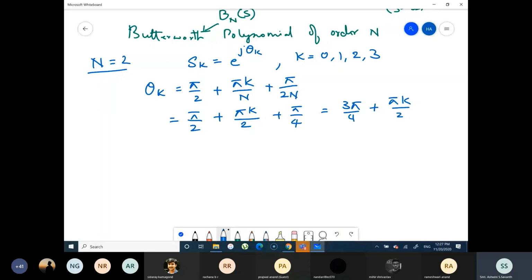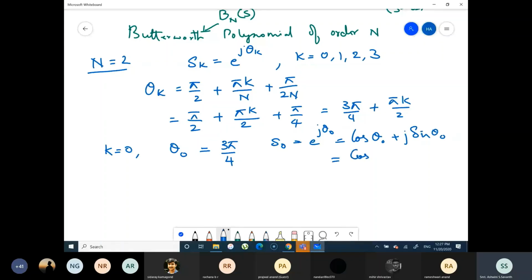Now let's put k equals 0, to find theta 0, the angle of the first pole. That is 3 pi by 4. How do you find the location of the pole? S0 is e to the power j theta 0, which is cos theta 0 plus j sine theta 0. Since you have pi here, keep the calculators in radian mode, then you can substitute pi as pi.